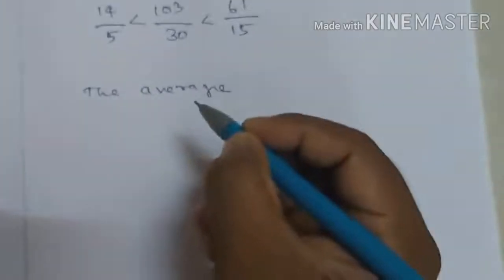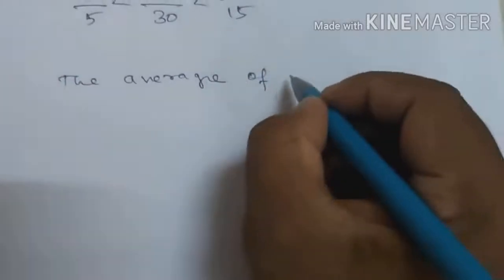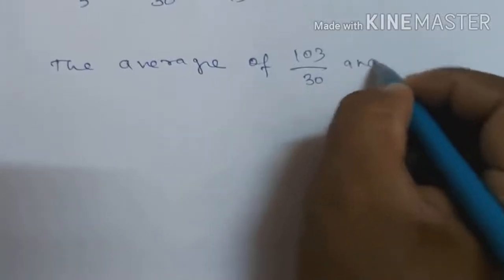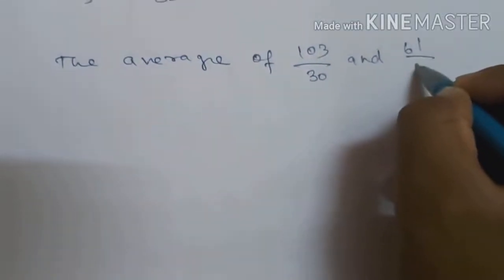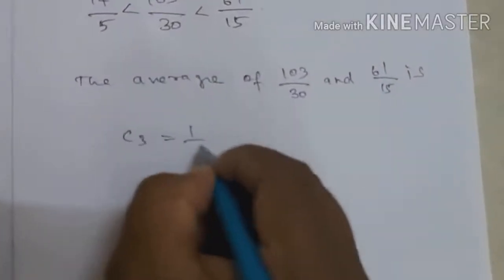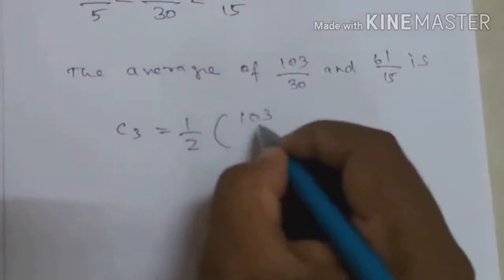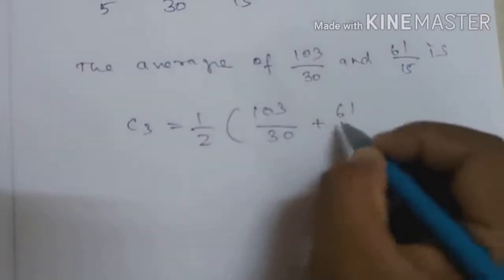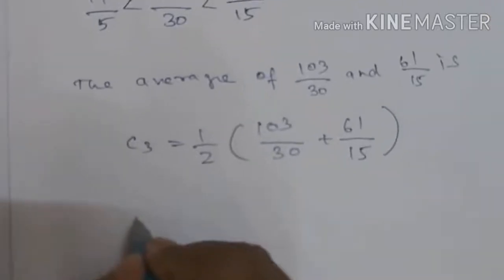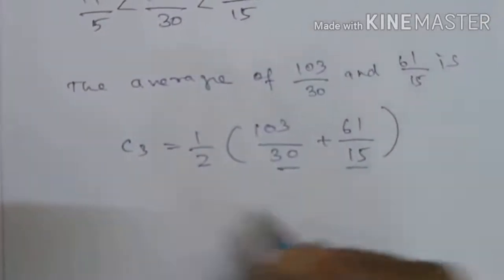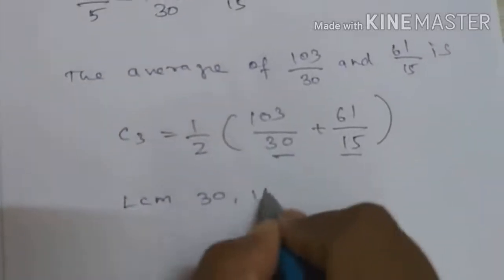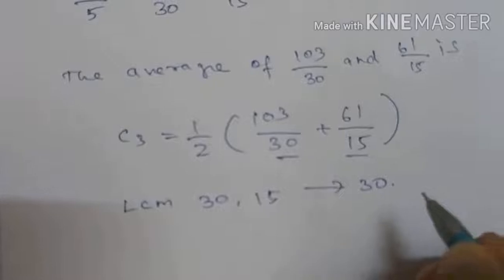Next C3. The average of 103/30 and 61/15 is C3 equals 1/2 bracket 103/30 plus 61/15. Take the LCM of 30 and 15, which is 30.